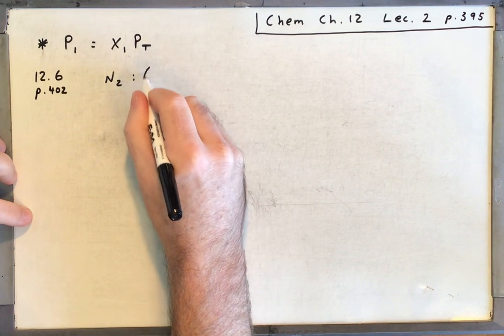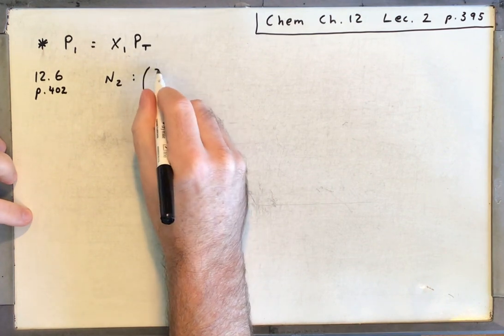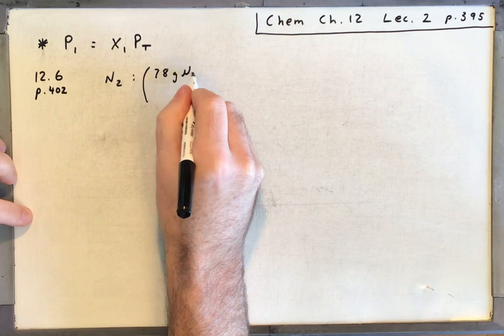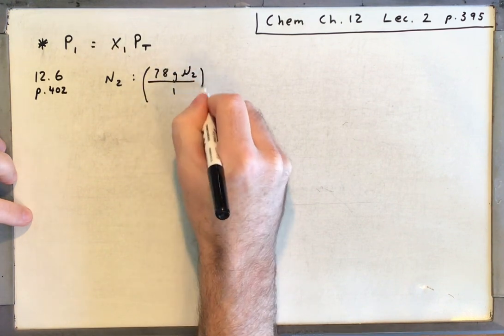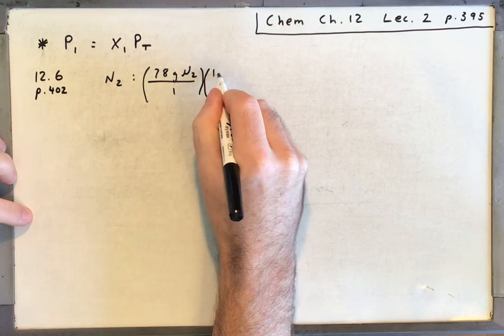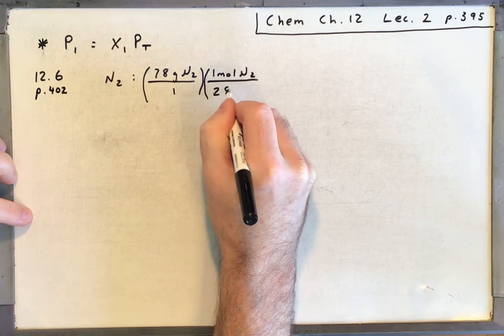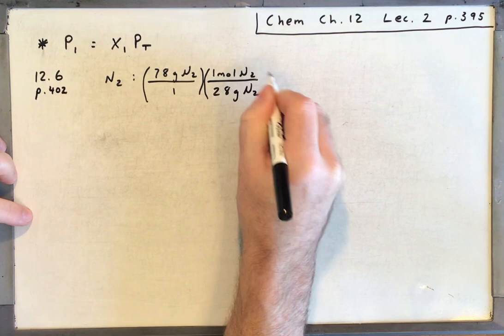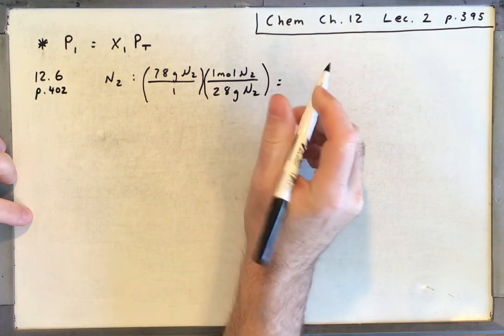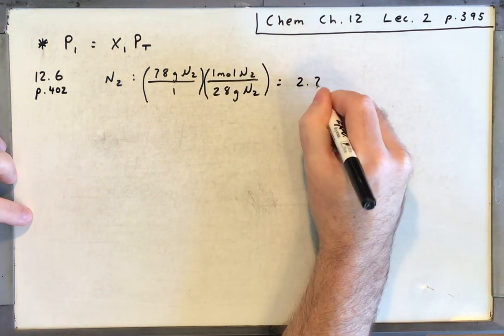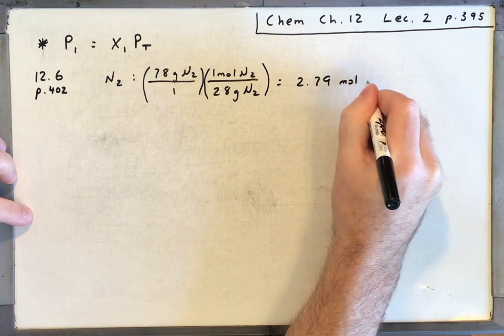So for nitrogen, says we have 78 grams. Need to change that to moles. Nitrogen weighs 28 grams per mole. So 78 divided by 28 is going to be 2.79 moles.